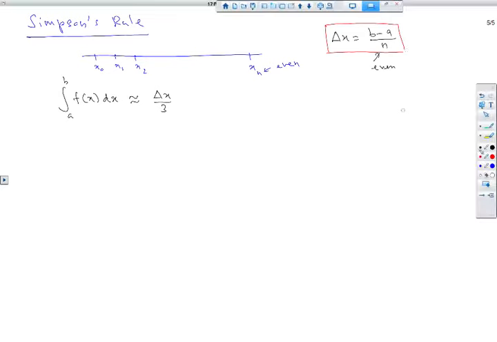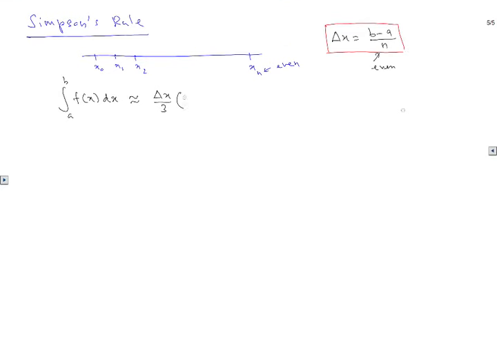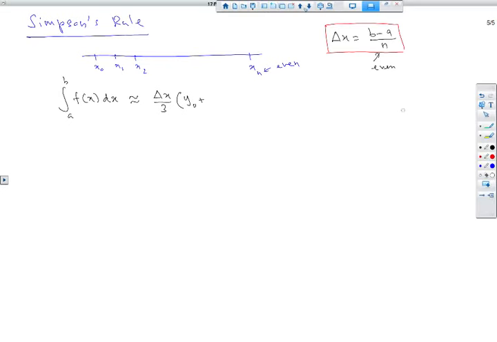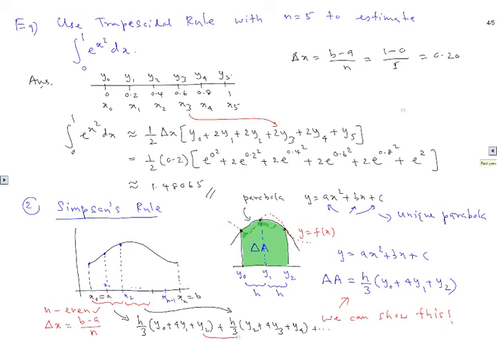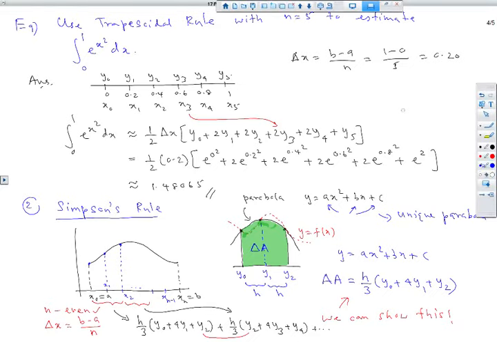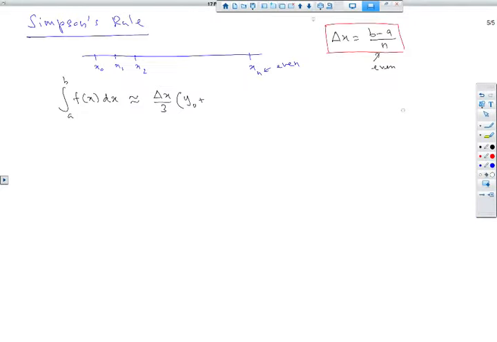So let's write the formula. It is y0 plus, if you look at the previous slide, this y2 gets doubled because you stop with y2 and you start with y2 again. So when you add them, it gets twice. The other one with a 4 also gets twice, and that will be reflected in the formula.